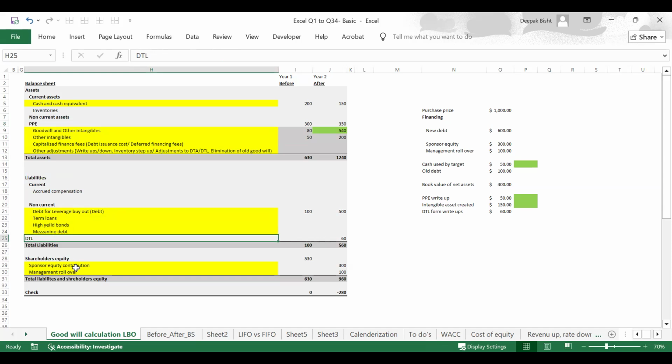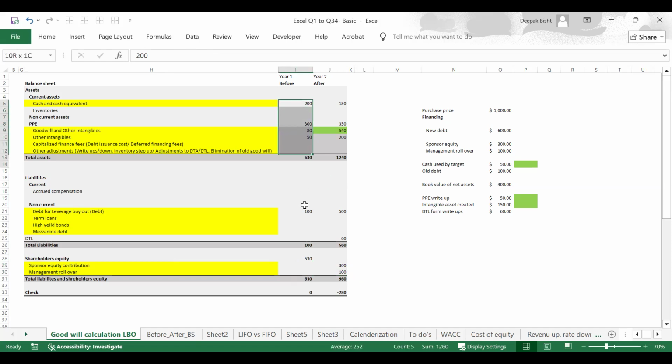And there is going to be equity during a leveraged buyout: the sponsor equity contribution by the private equity firm's team, and management rollover. These are the contributions of equity.